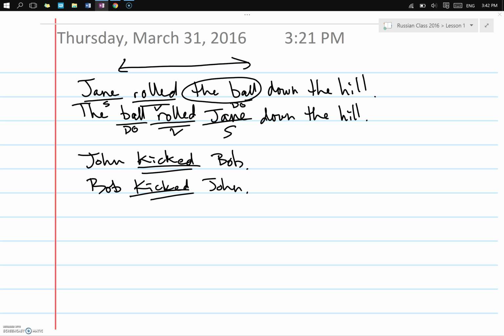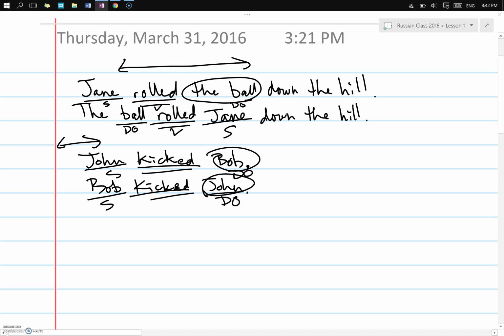Anyway, we only know who kicked whom because of English left to right order. So we know that this is the subject and this is the direct object, but that's because of English order. Right? If we were to look at the sentence itself, simply grammatically and looking at the words, the verb kicked could be applied to Bob or to John, right? And so that's why the next sentence works as well, right? There's nothing funny about it. It just makes sense. Sorry, I was blowing something off the screen.